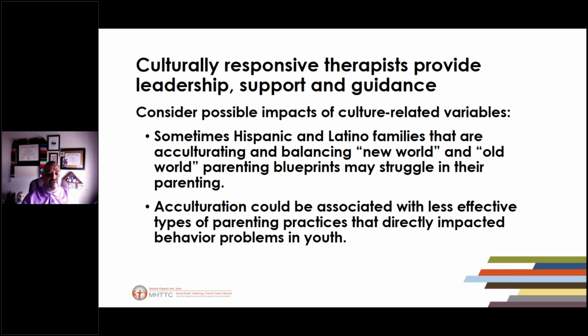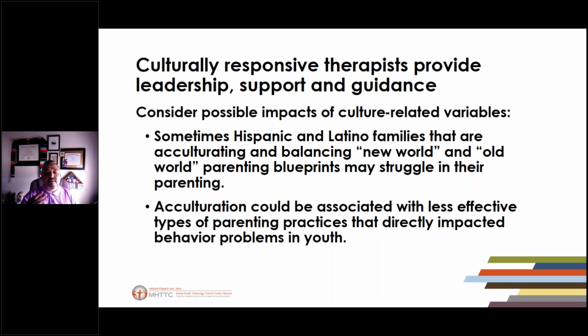Acculturation definitely could be associated with less effective types of parenting practices. And that just may be based on different stressors that this family had in their home country compared to here. And we have to just assess how those are different, or if there are similarities that we can build upon.